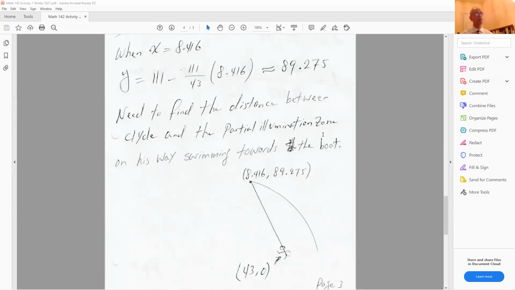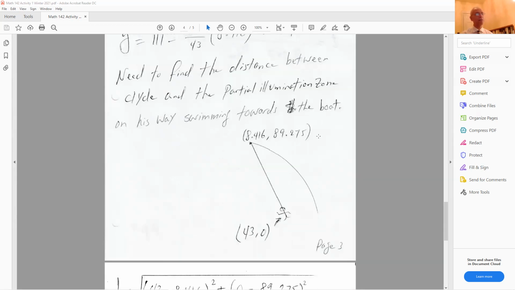Now I need to find the distance between the 2 points. That one point right here is the intersection of Clyde's path and the illumination part caused by the spotlight. So the x value of 8.416, comma, y value of 89.275, and the position of Clyde is 43, comma, 0.